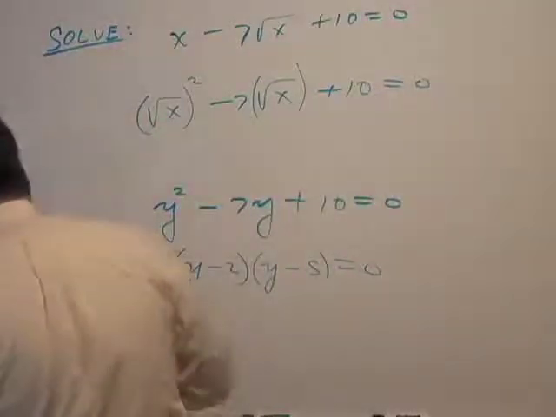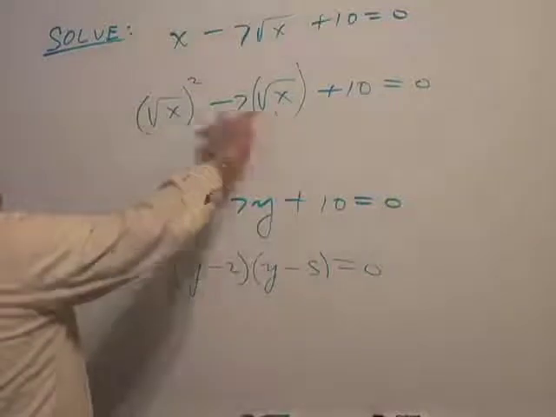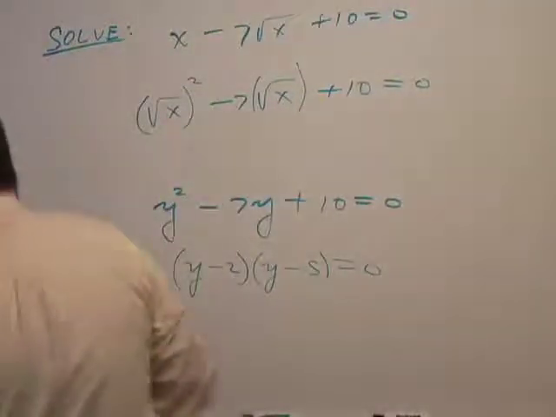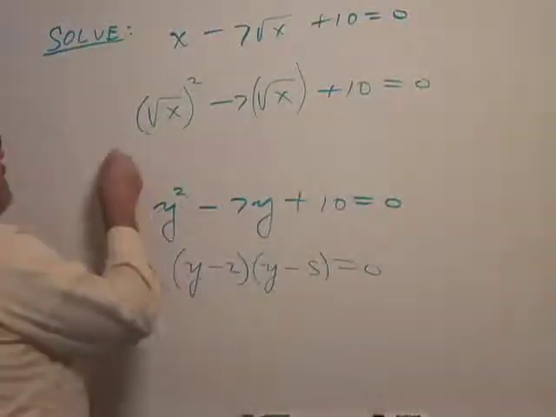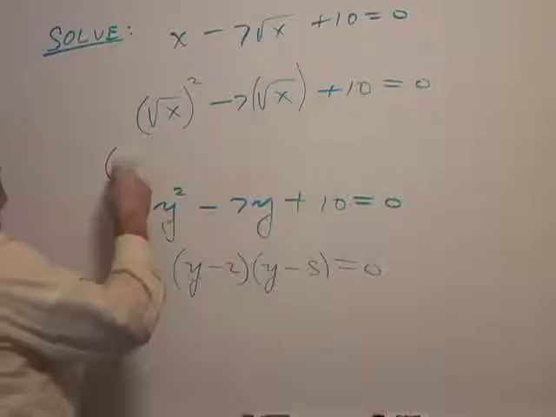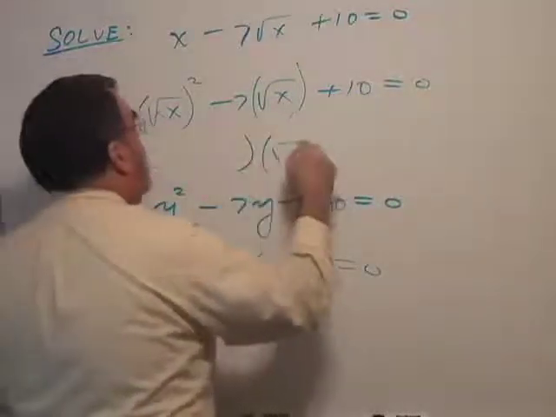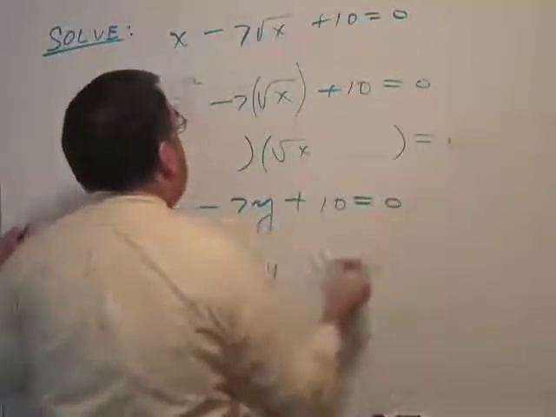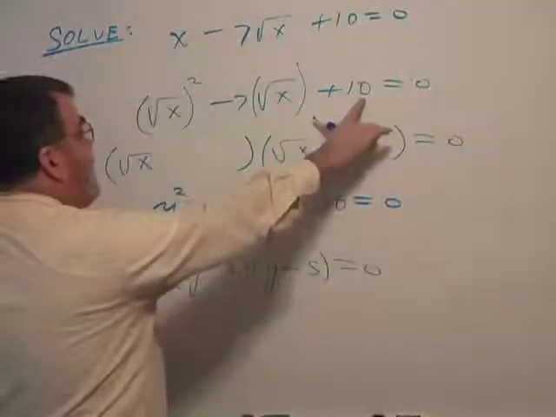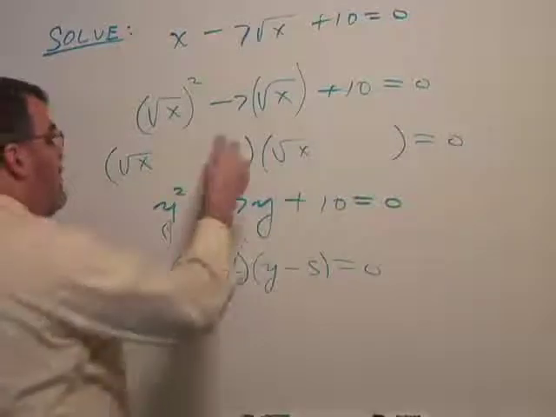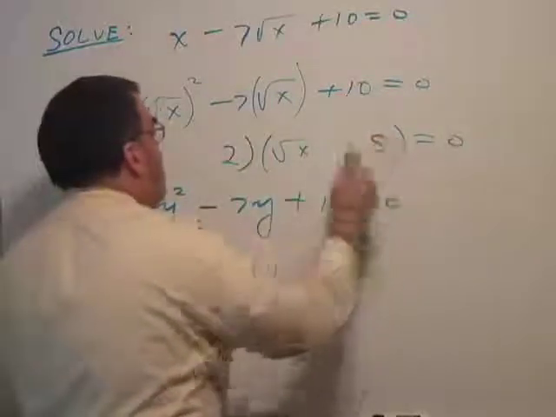That would work. And so when I go to factor this problem, I'm factoring by using the square root of x in both parts. And then to get these numbers, I need two numbers that multiply together to get 10. And that would probably be 2 and 5.